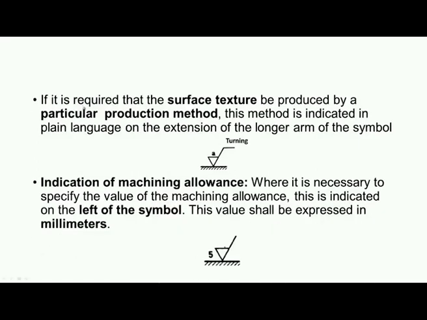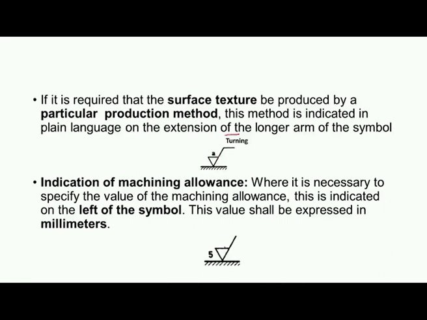Now, you can see here, if it is required to produce the surface with a particular production method like shaping operation or turning operation or grinding operation, then that is mentioned on the horizontal line. So, you can see here, this is the symbol, we have a bar here, it indicates that the surface is to be machined by some operation.